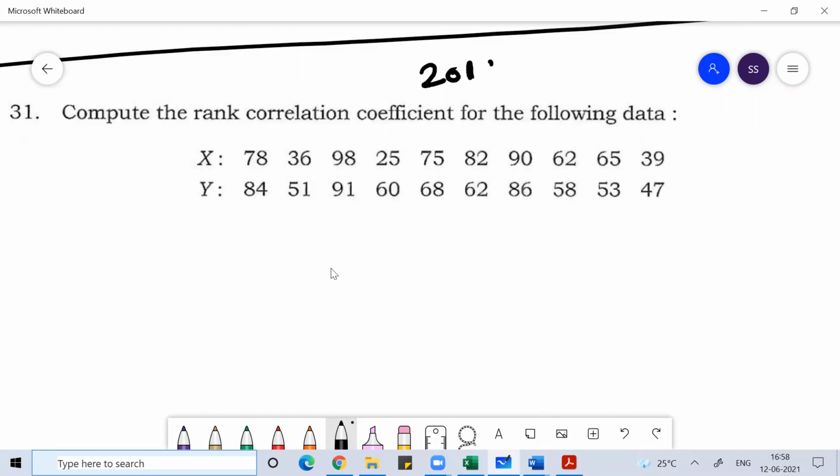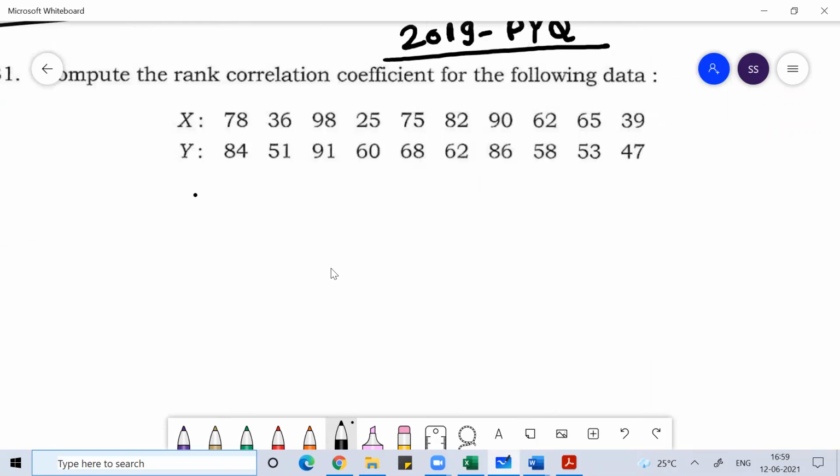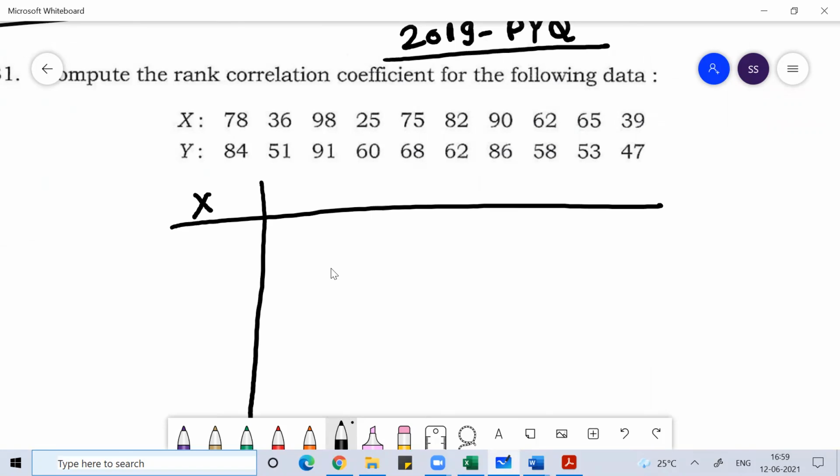So this X is given. I hope you like this Spearman rank correlation coefficient, guys. I hope you found this easy, not at all difficult.